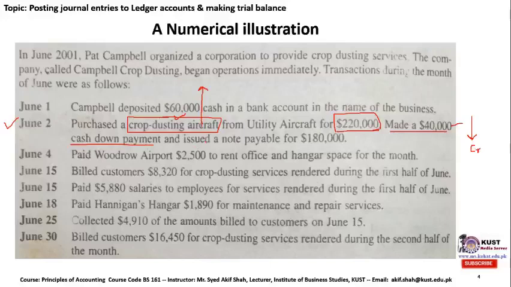Like the cash will be credited with 40,000. However, the crop dusting aircraft, which is our another asset, a tangible asset and a non-current long-term asset, has been increased with the amount of $220,000. So therefore, this asset named aircraft will have a debit entry of $220,000.